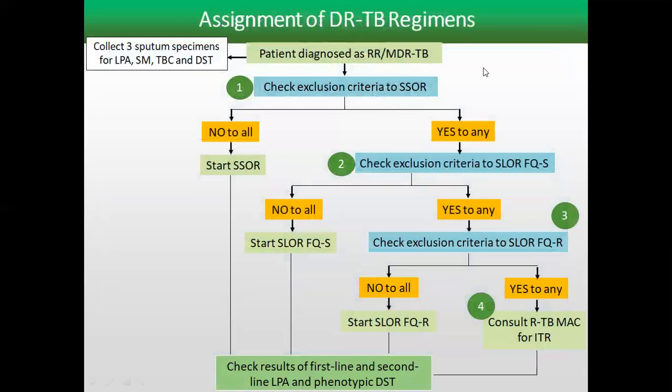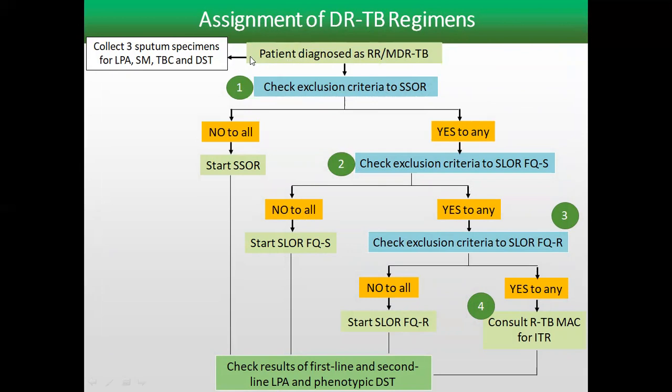Okay. So, assignment of the regimens. Ito yung parang algorithm that you can use to make it easy. So, first, you have to diagnose the patient as RR or MDR-TB using Xpert testing.